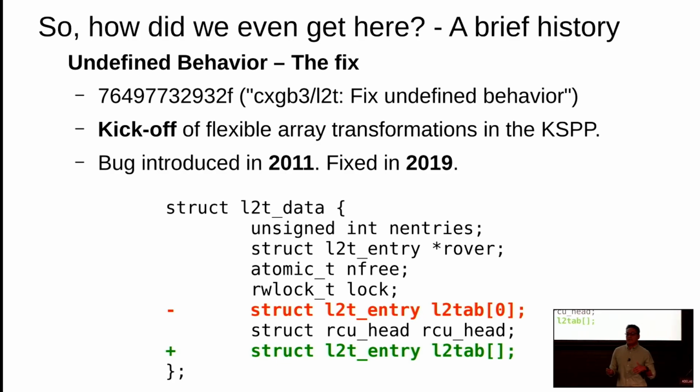With this, if someone else makes the same mistake, the compiler is going to complain. So this kind of issue cannot enter the code base anymore. I discovered this bug in 2019. However, the issue was introduced in 2011. So we had this problem for 8 years in the kernel without detecting it.